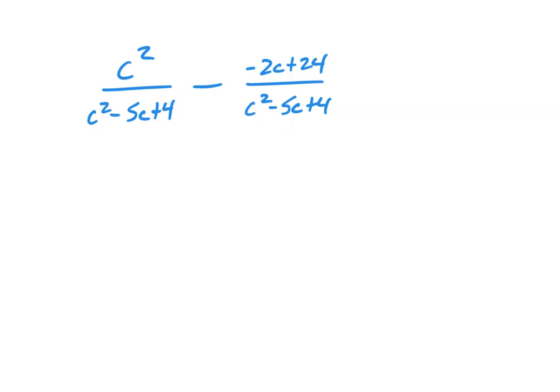Here's the part that we got to be really careful of on this one. The difference here is that this one is a minus sign in between instead of an addition sign. That's going to be a really big difference here.